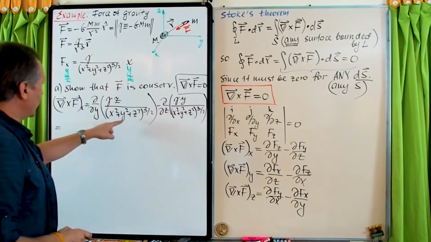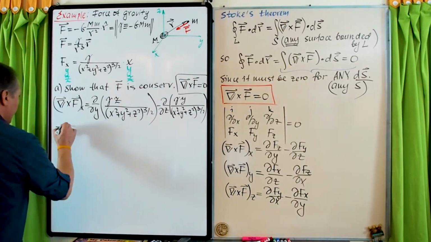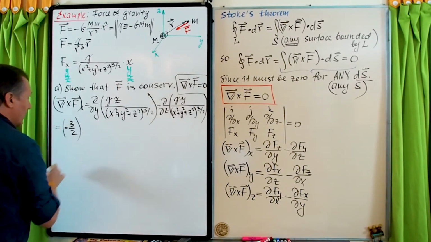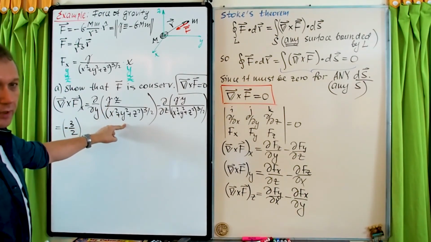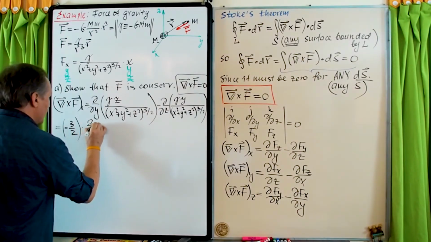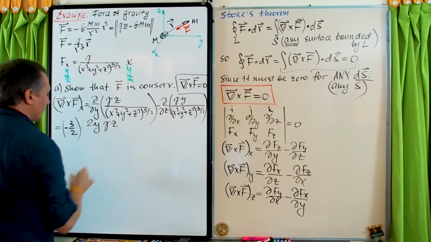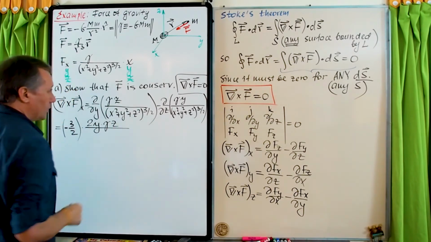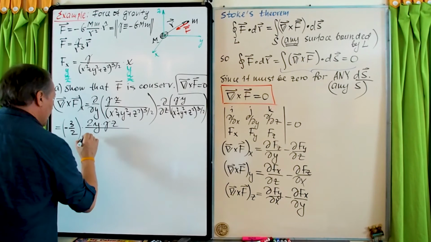Y is only downstairs. So we will get negative 3 over 2. Then we will have to differentiate inside y squared, so it will be 2y upstairs, so we'll get 2y, and since it's the partial derivative, z is basically a constant, gamma z, and the power will increase by 1, so it will be 5/2.